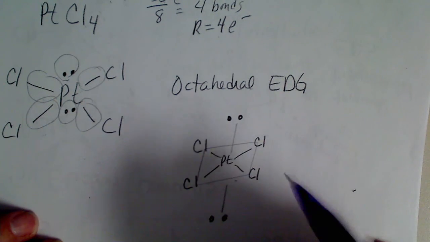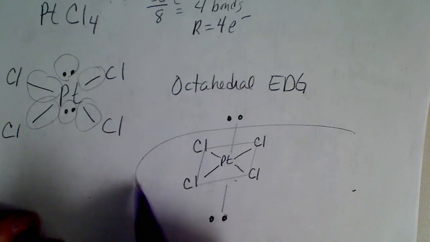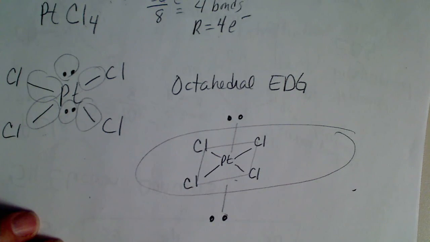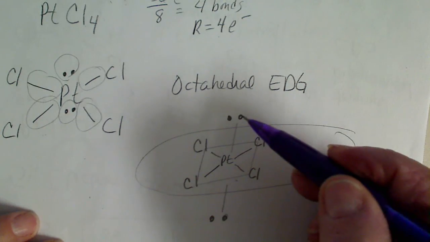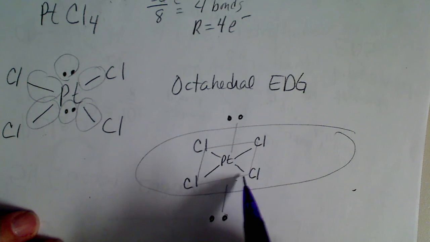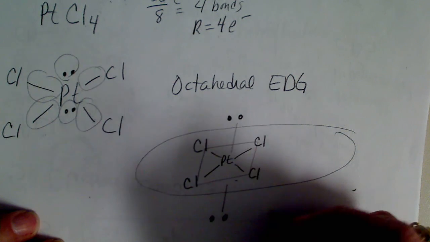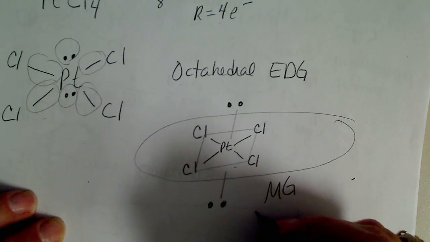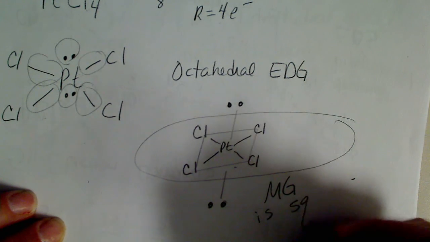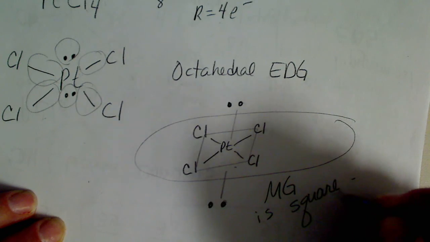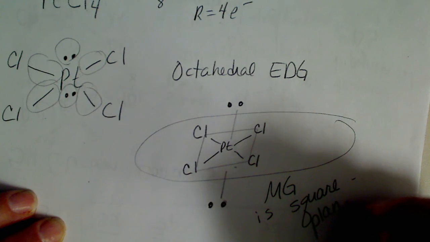And then when we take a picture of just the molecule, all we see are the atoms. So the lone pairs that are directly above and below this square horizontal plane don't show up on that picture. So the molecular geometry here is square planar. This molecule really is a perfect square.